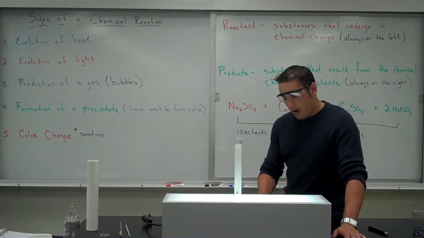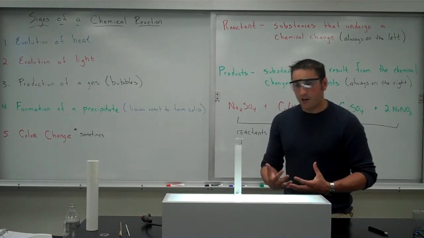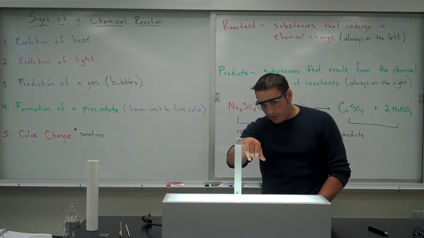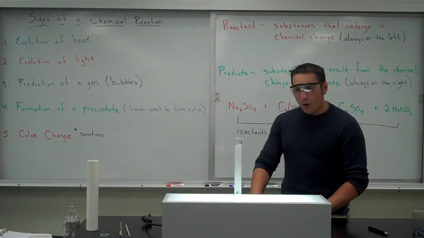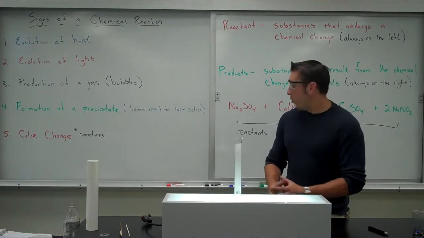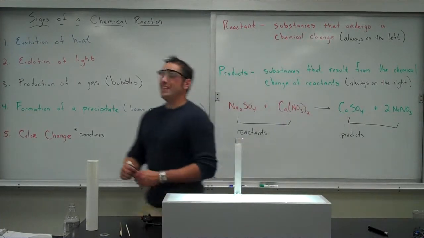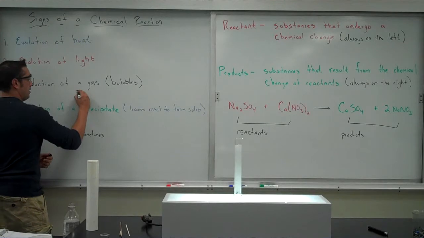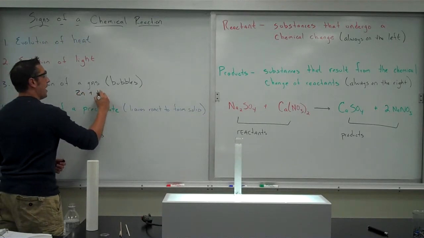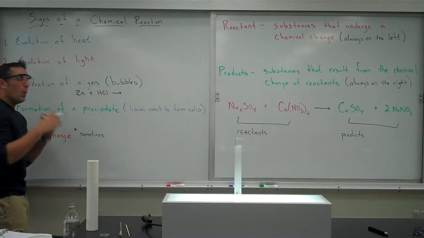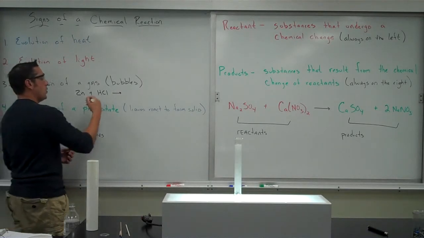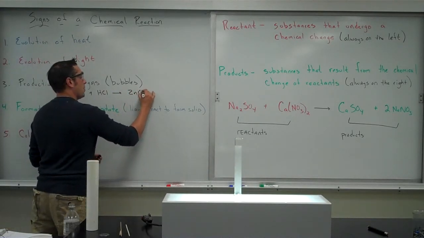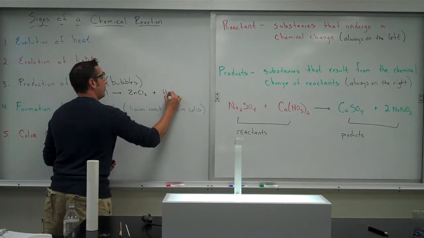Hopefully you can see right here that you are seeing some fairly vigorous bubbling going on, especially if you look toward the top of the graduated cylinder here, because what's going on is the zinc is reacting with the hydrochloric acid. Now, we'll get into this type of thing much later, but what you'll understand is that we're forming two new compounds.